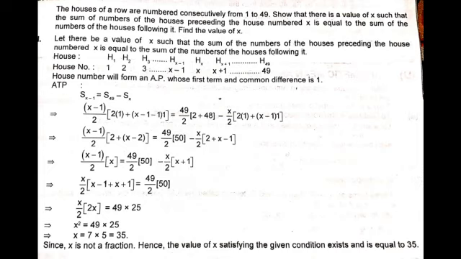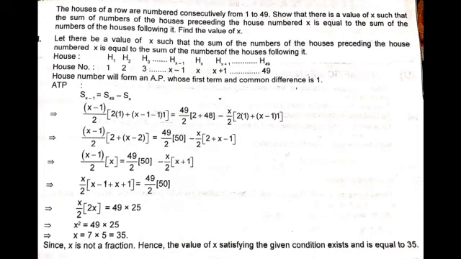It is given that the sum of the house numbers preceding your house number x, that is the sum of numbers from 1 till x minus 1, is equal to the sum of the house numbers following it, that is the sum of the house numbers from x plus 1 till house number 49.